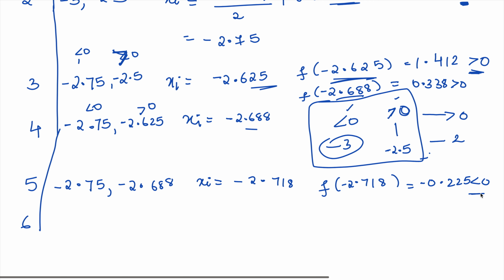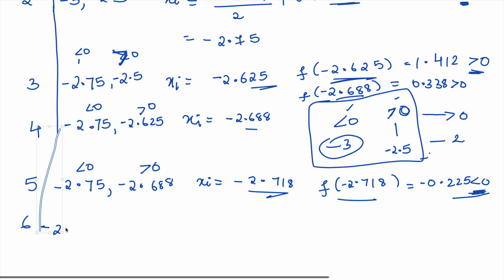So we got something less than 0. This was less than 0, this was greater than 0, and the middle value is also giving us less than 0. So we will include the middle value. But since this is giving us less than 0, from the previous interval we will take the one which was greater than 0.